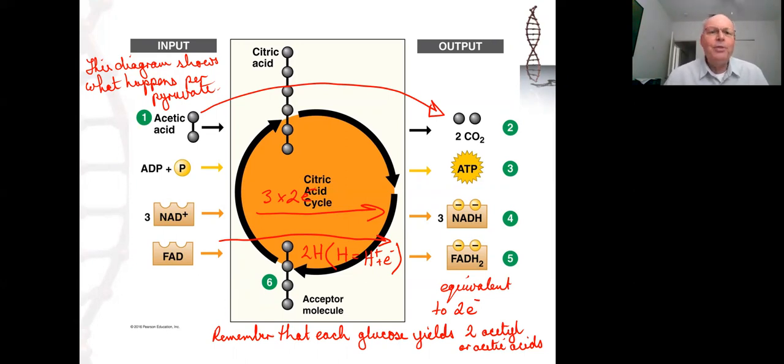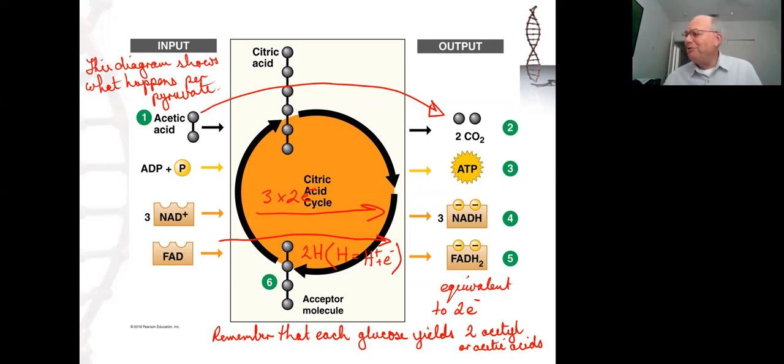So per glucose molecule, with double the number of acetyl groups, with double the number of ATPs being produced, we double the number of NADHs being produced, and we double the number of FADH2s being produced.